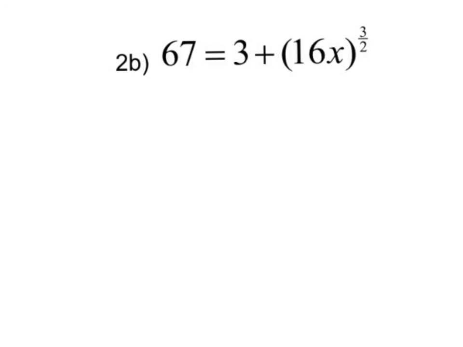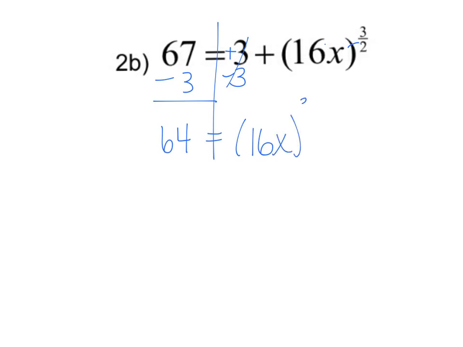On 2b, we will want to get rid of this power on the x and on the 16, but before we do that, we'll get rid of this positive 3. Since it's positive, we'll subtract 3 from both sides. So we have 64 equals 16x to the 3/2. Since that power is on both the 16 and the x, we need to get rid of that.